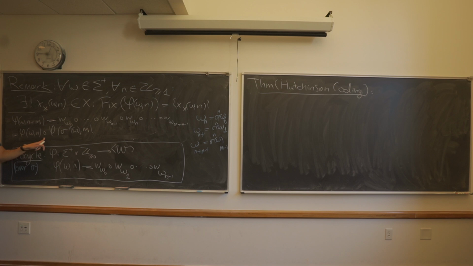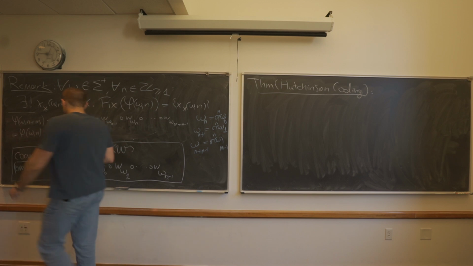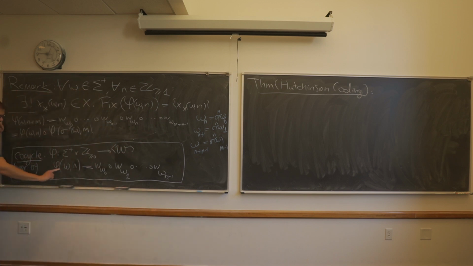And ultimately, this is the reason why the ordering is this way. I want this property ultimately. Any questions about this? This is a silly algebraic manipulation, but it turns out to be very important. Because phi happens to satisfy this property, the value at the sum can be split this way. That's the definition for phi to be a cocycle.